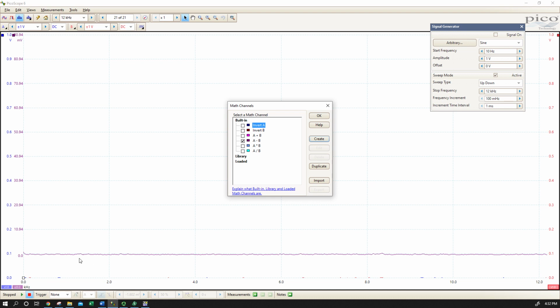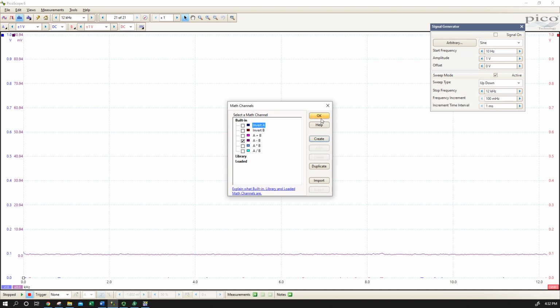So our purple channel, I've rescaled to a very magnified scale. Full scale for my purple channel is around 100 millivolts, as opposed to 1 total volt for channels A and B. I'm able to really zoom in on the difference between the voltage drop over the load and the voltage drop for the full circuit, since the actual absolute difference isn't all that big for the frequencies I'm sweeping over.